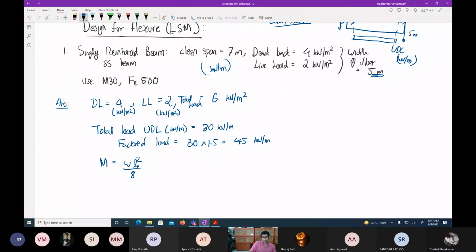Here only the clear span is given to me. So generally you have seen that the effective span is nothing but clear span plus effective depth. This we do not know yet, so you have to assume it. We'll assume this is about 500 mm.